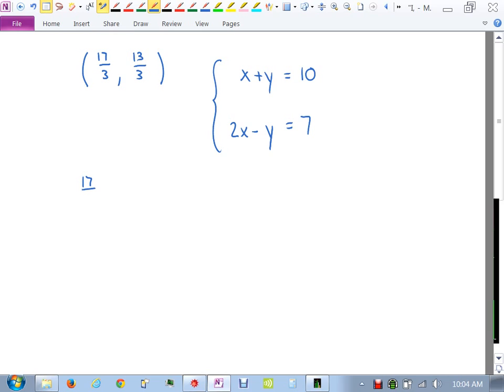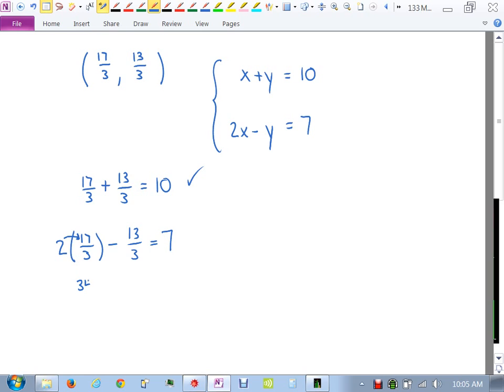Let me do the first one. X is 17 over 3 plus y 13 over 3. Does that equal 10? 30 over 3 is 10. That works. Now the other equation. 2 times x is 17 over 3 minus y, which is 13 over 3. Does that equal 7? Well, I have to multiply the 2 and the 17.